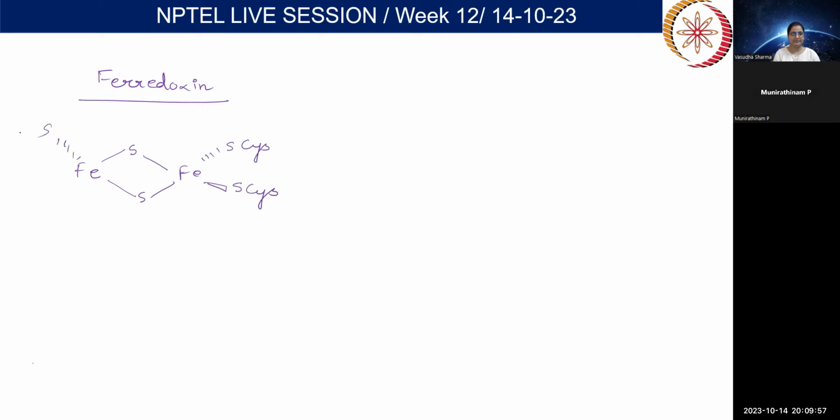So earlier we had this rubredoxin. Sorry, we had this ferredoxin, and in ferredoxin we had iron, which is bound with another iron, and S-cysteine, one S-cysteine each. This was ferredoxin, and we found that in the oxidized state, both the irons are in +3, and in the reduced state, it is iron +3 and +2.